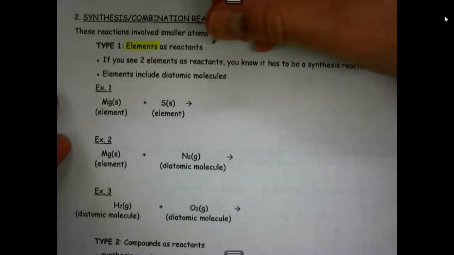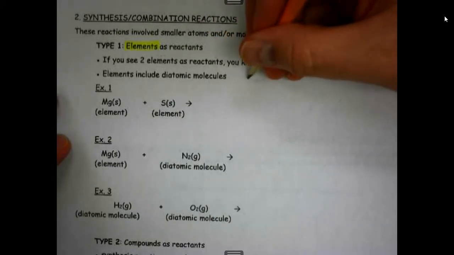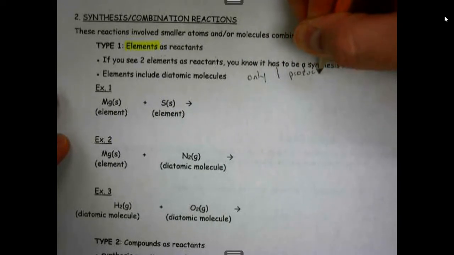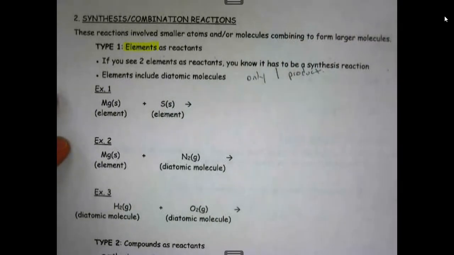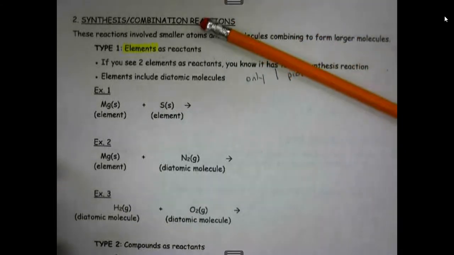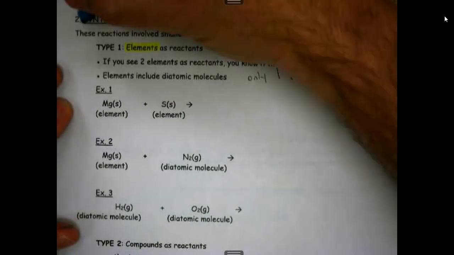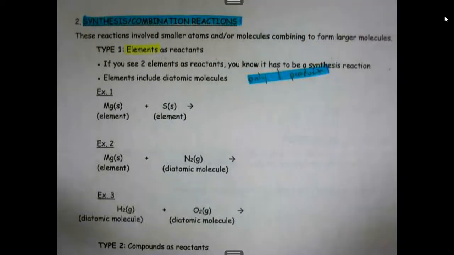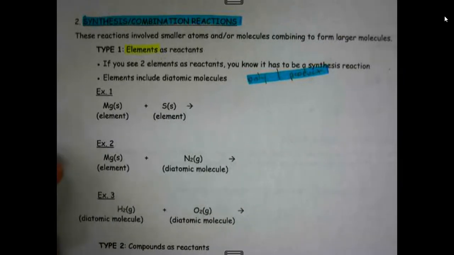That is what makes synthesis combination reactions a thing. These reactions produce only one product. No matter what the reactants are, there's only one product.